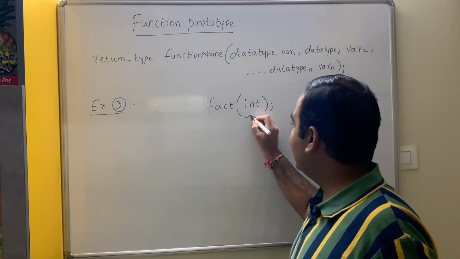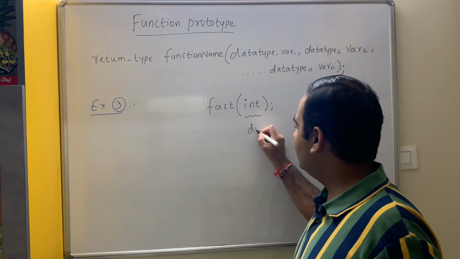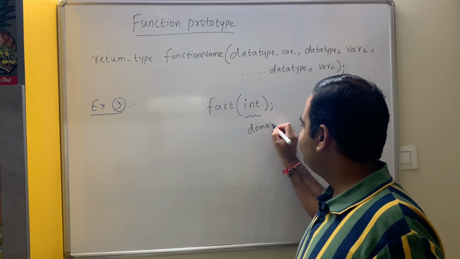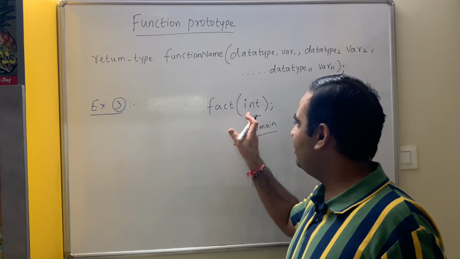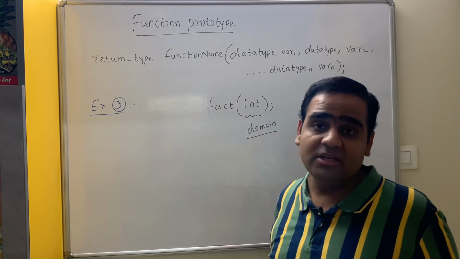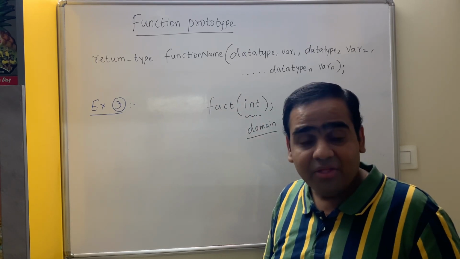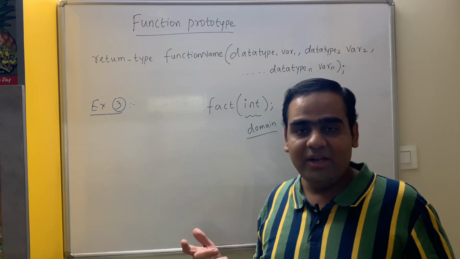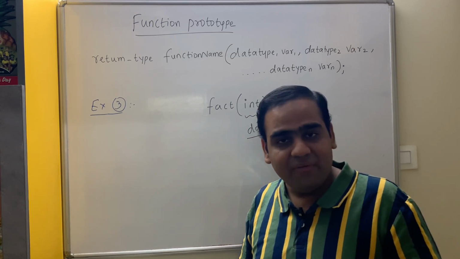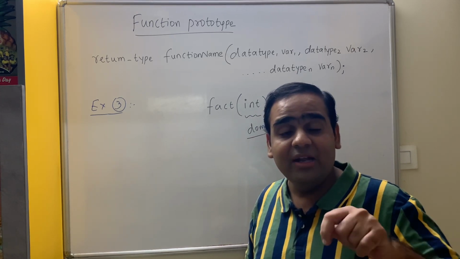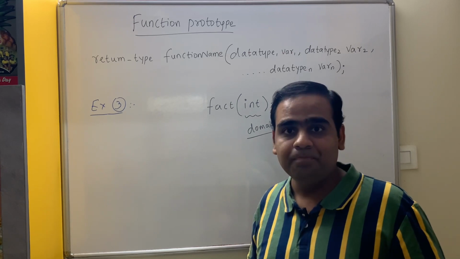Now this is any integer. This is for us the domain. The domain of the factorial is integer, which takes any integer as input and returns the answer. What is 4 factorial? 24. 5 factorial? 120. Now you never say that 120.25 is the factorial.